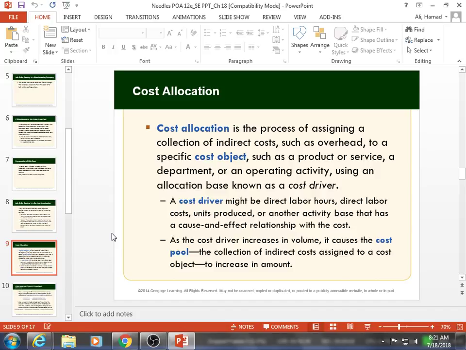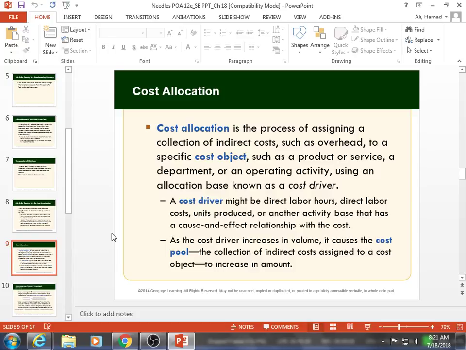As the cost driver increases in volume, it affects the cost pool. When it becomes too much labor, too much material, with many expenses related to material and labor, you pool those costs together.